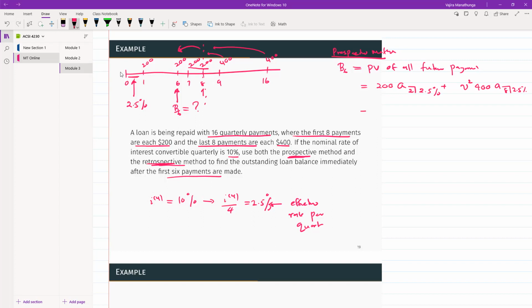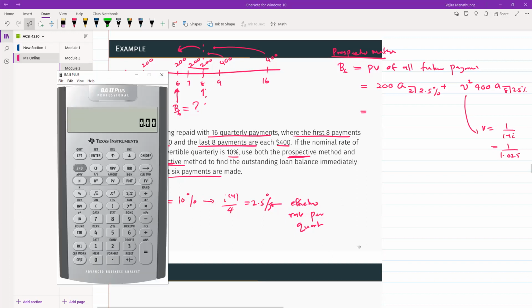Let's use our calculator. By the way, what is v? v is 1 over 1 plus i, which is 1 over 1.025, because we use 2.5%. Let me bring my calculator.